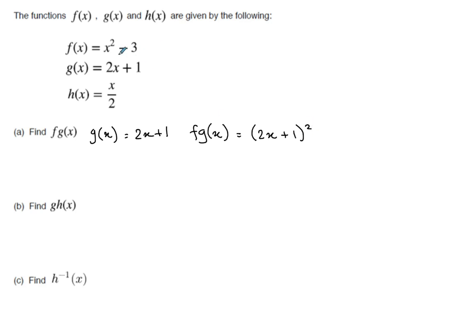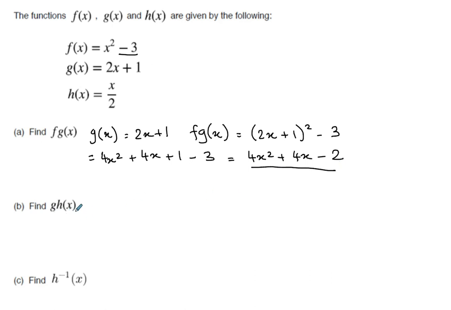Always just underline if you need to. Don't forget to put the minus 3. And when you expand it out, you'll get 2x plus 1 times 2x plus 1. So you get 4x squared plus 4x plus 1 minus 3. And collecting like terms, you get 4x squared plus 4x minus 2. Good, excellent.